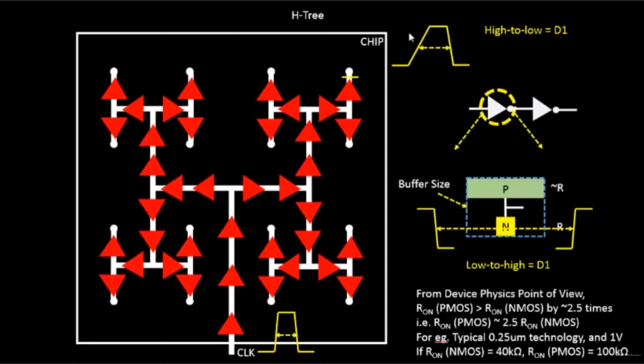Basically we have brought a solution into the picture where the rise transition time and the fall transition time are equal. We have almost found a solution to that. We will again look into some optimization techniques, but till now we are happy that we had a problem and we have a solution to it.